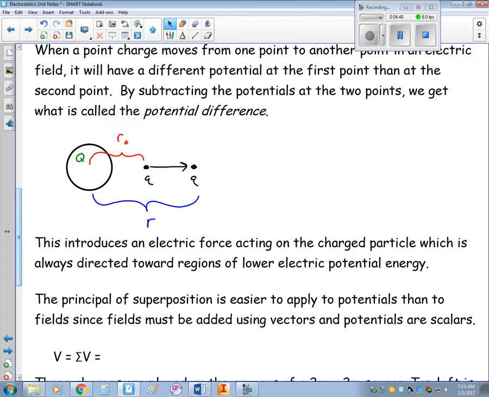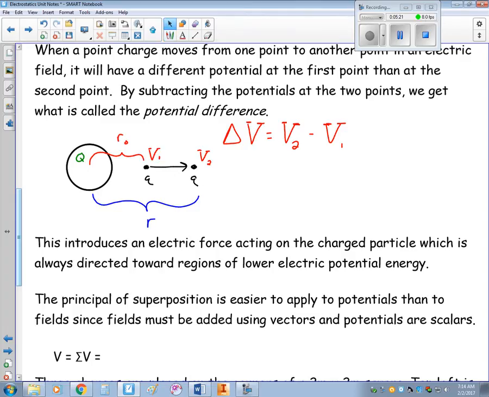So what I could do is find the potential difference, which would be the potential at location 2 minus the potential at location 1. So I'd have a potential at this location, and then I would have a potential at that location.